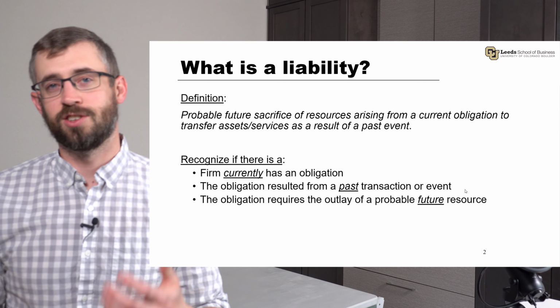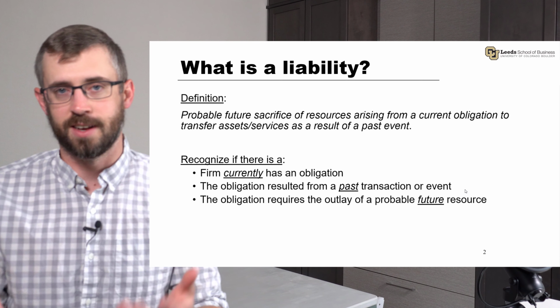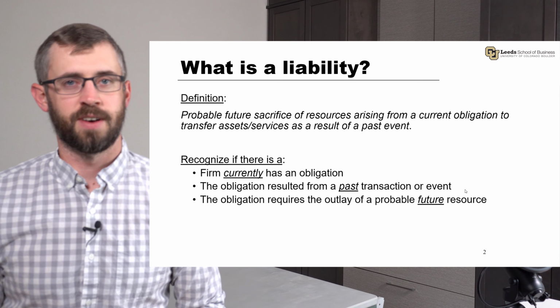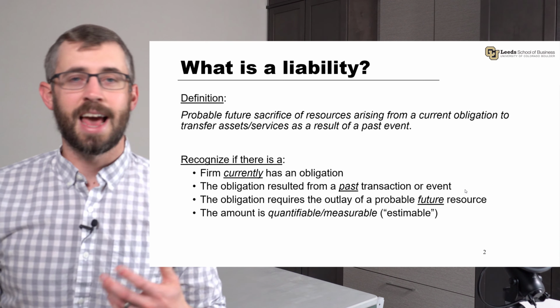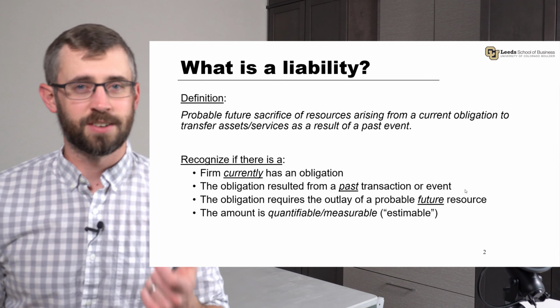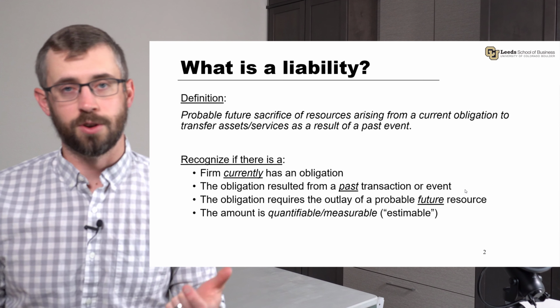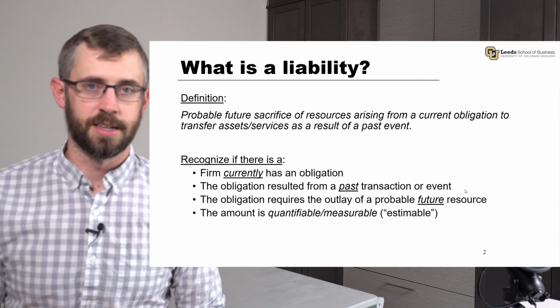The obligation has to require the outlay of some future resource, usually some form of asset or service that you're going to provide. And finally, the amount has to be quantifiable, or it has to be estimable. We have to know what the amount of the sacrifice is going to be. If we don't know the amount, we can't record a liability on our balance sheet.